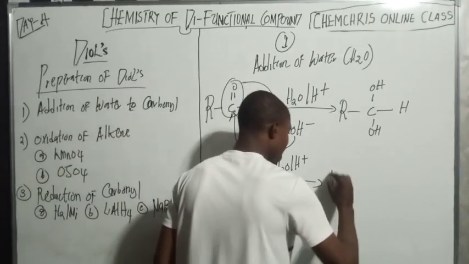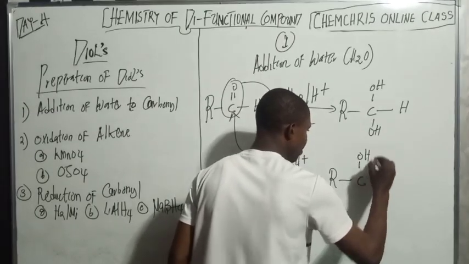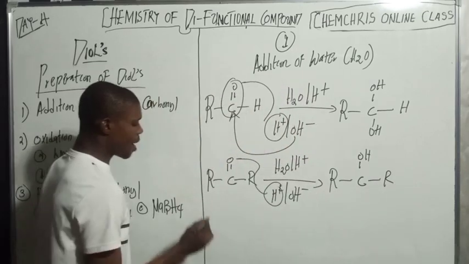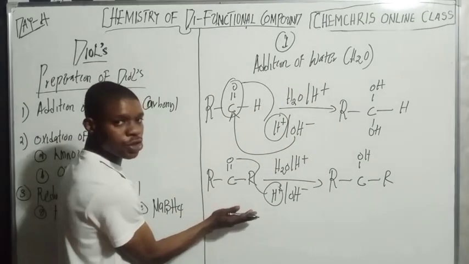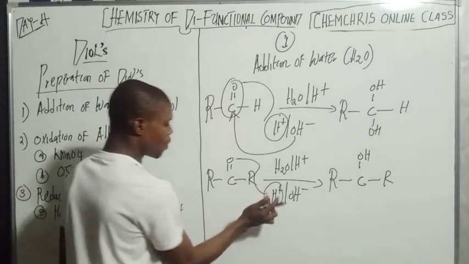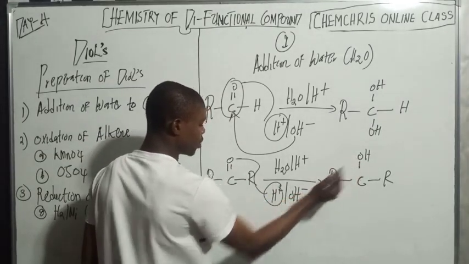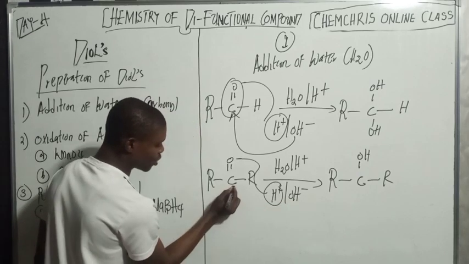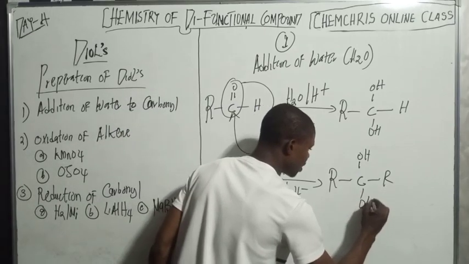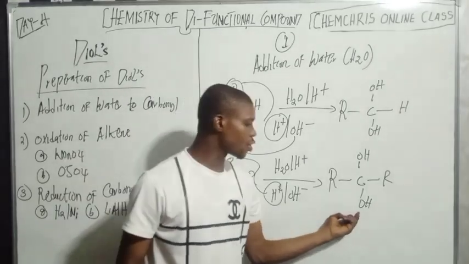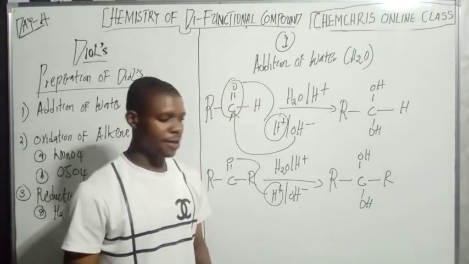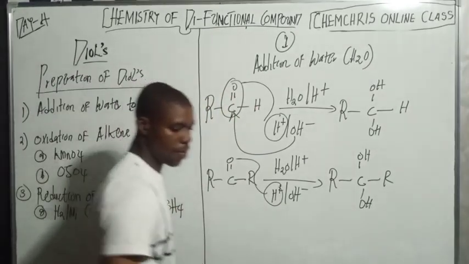So here I have R, OH. Remember, this other group you didn't touch. When you add this to break the double bond here, you now have OH here, and the other OH is attached to this same carbon. This is called a geminal diol. Do you understand?